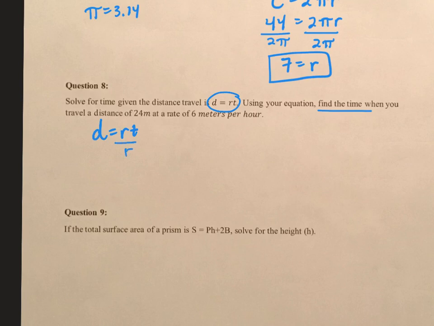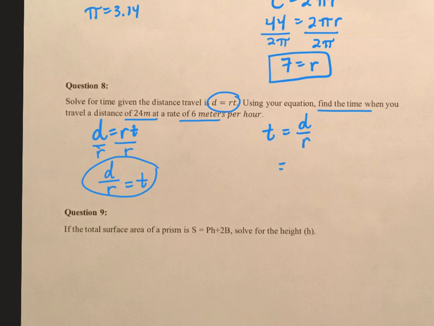So divided by r, that gives us d divided by r equals t. Okay, so now this is the equation I'm going to use. Okay, so they told us that the distance is 24 and the rate is 6 meters. So if I use my equation, time equals distance divided by rate. My distance is 24.